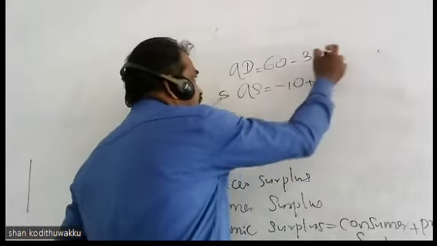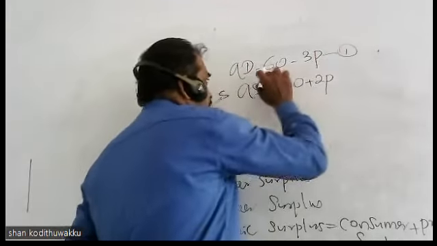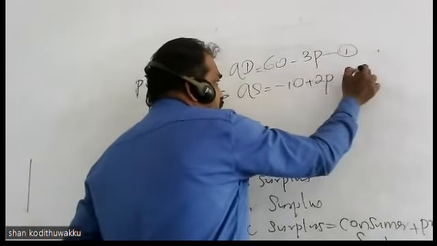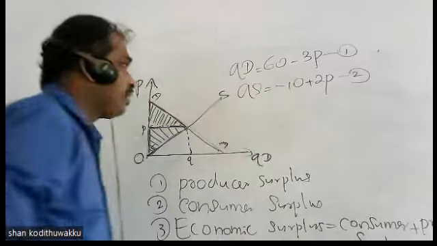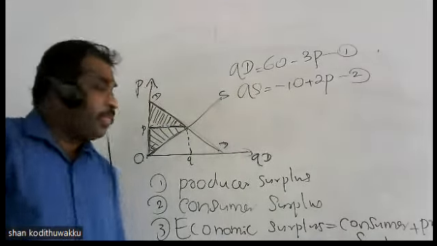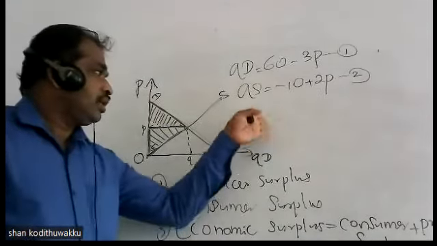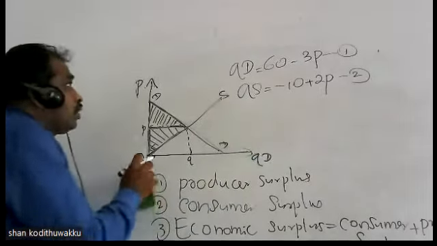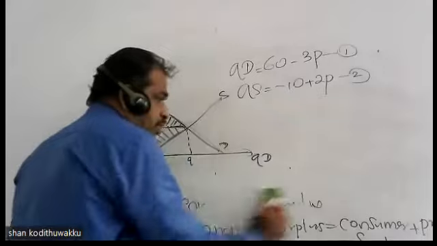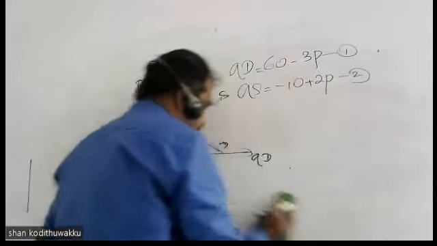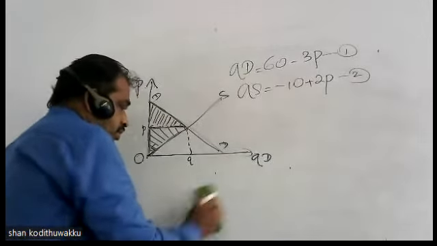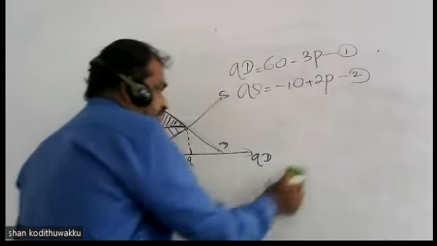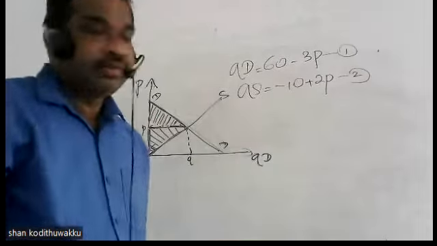This is demand function number one. Number two, the supply function. Then here you have to calculate producer surplus and consumer surplus by using the given details.